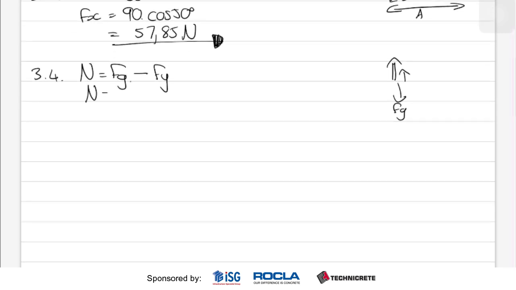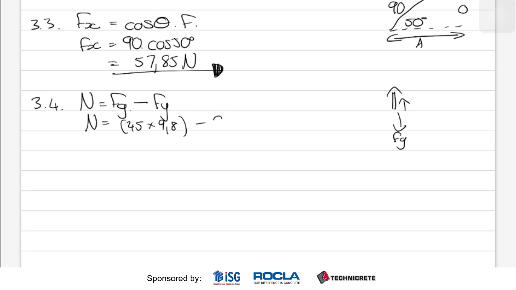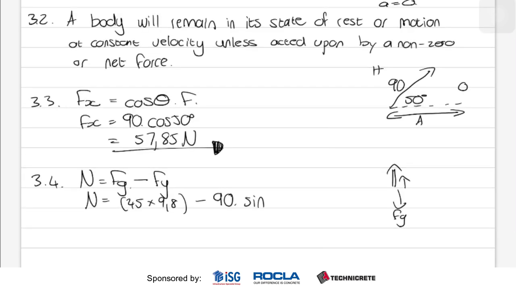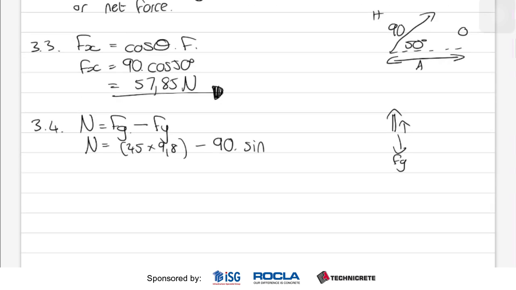So our normal force is equal to our weight, which is 45 times 9,8, our force of gravity, because remember 45 is our mass, times our gravity to get our weight, minus the component of Fy, which would be 90 times sine, because you have your hypotenuse and you want your opposite, so sine 50 degrees.